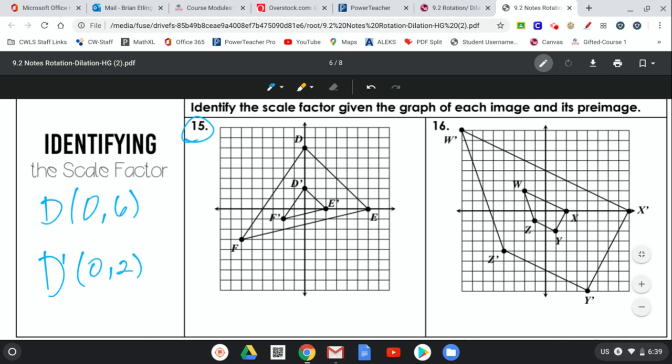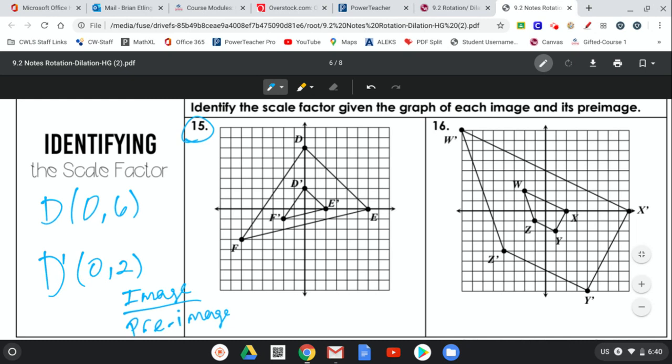So all we're going to do to find the scale factor is image over pre-image.